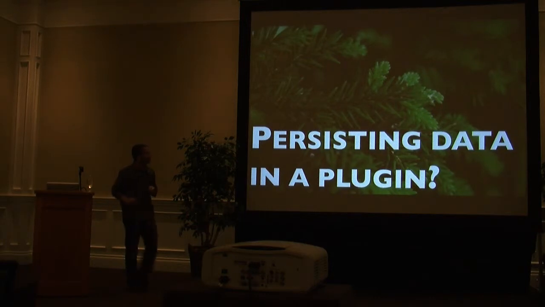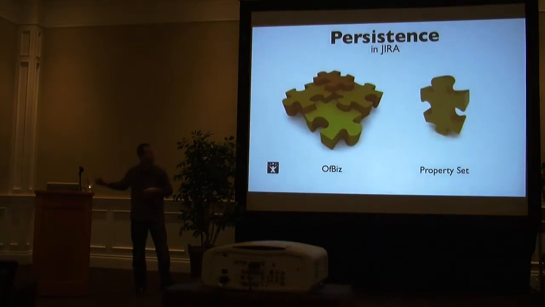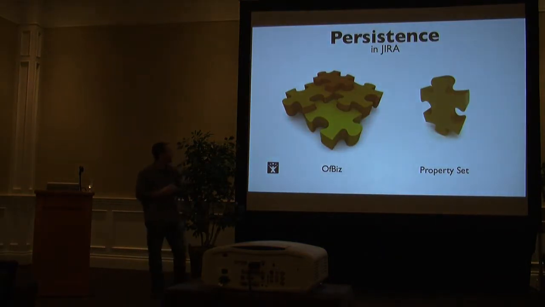So how do you persist data in a plugin at the moment at Atlassian? If you take Jira, as a plugin developer, you get PropertySet. Basically, PropertySet is a key value pair store.